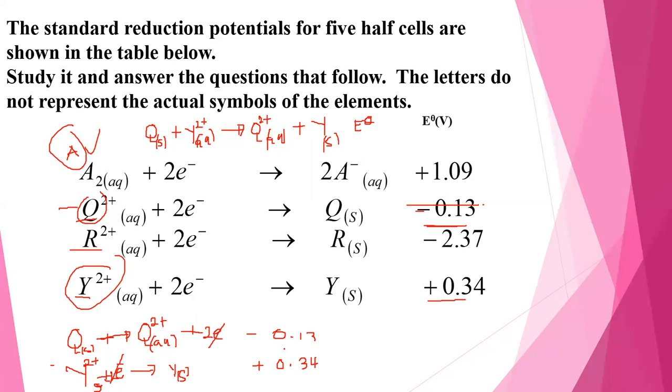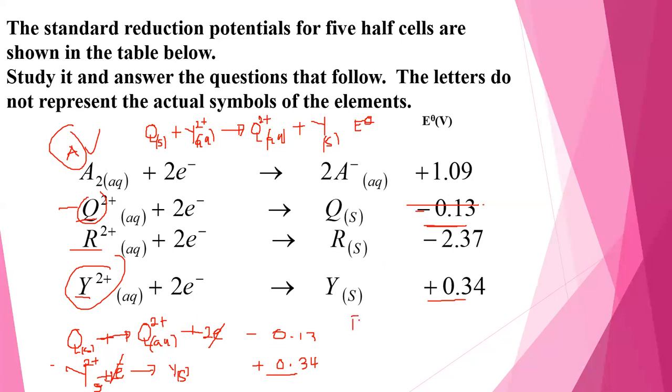If you add this plus this, or in other words you can use this formula which says oxidized minus reduced, the oxidized is this one. You subtract reduced, which will be 0.34 minus 0.12, like that.